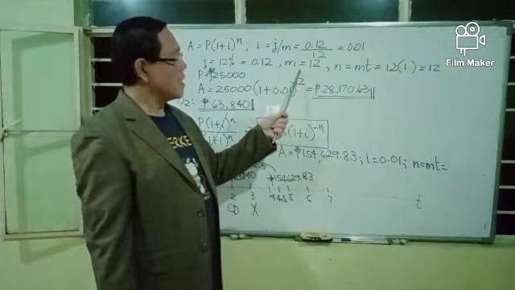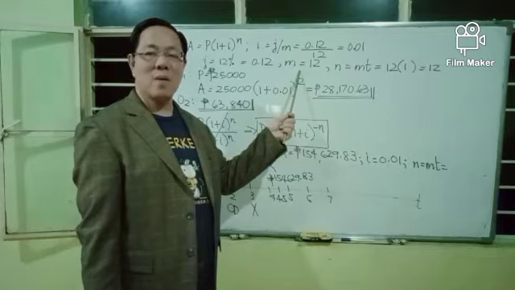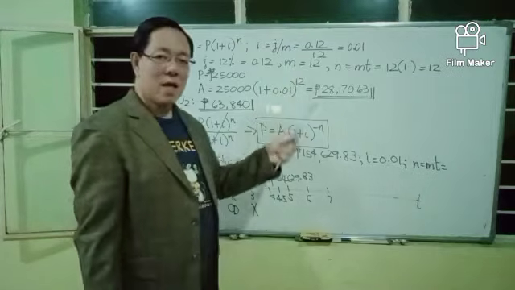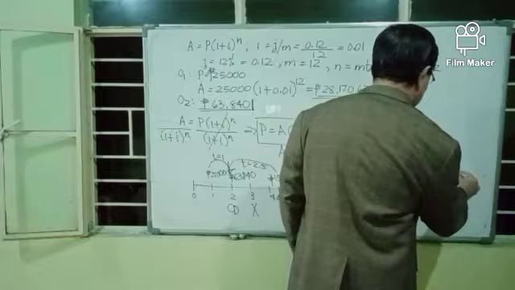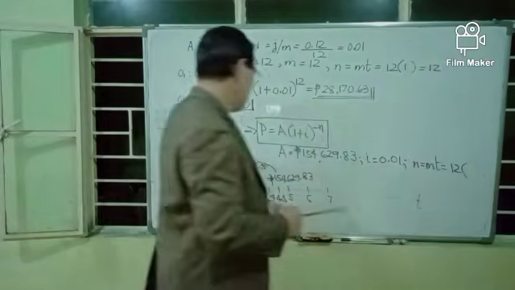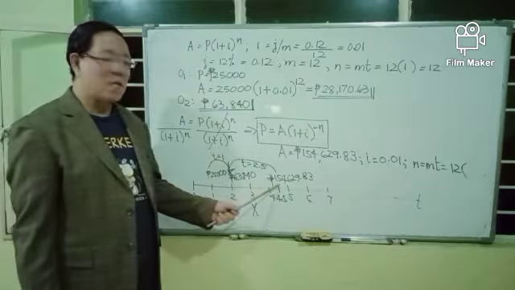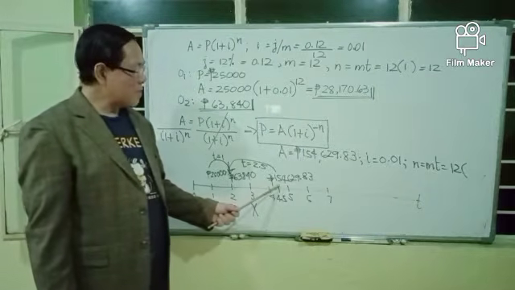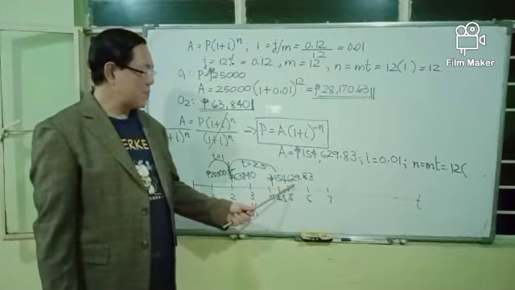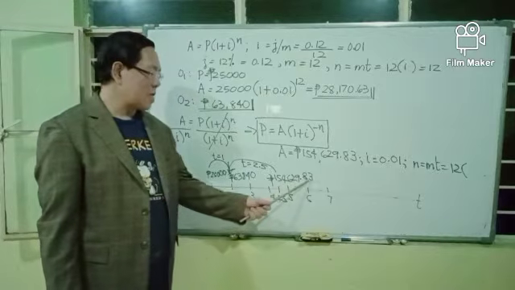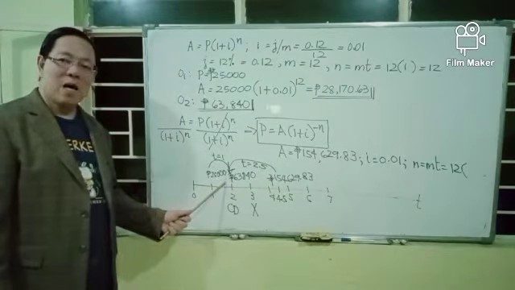The compound interest rate is compounded monthly, so m is 12. But the time t is 2.5 because we want to discount 154,629.83 pesos for 2.5 years.